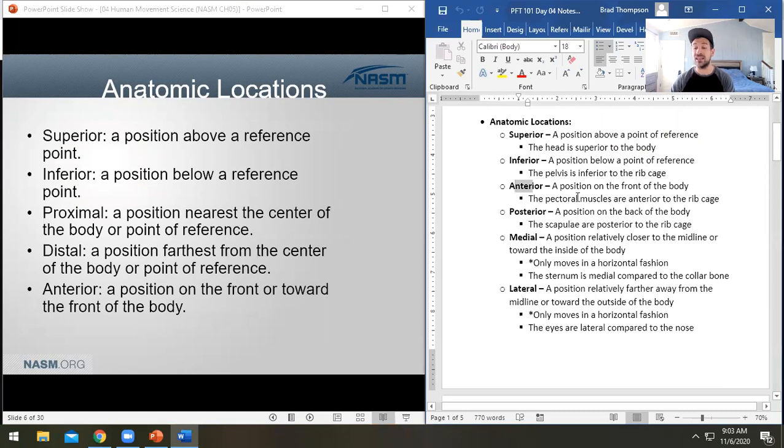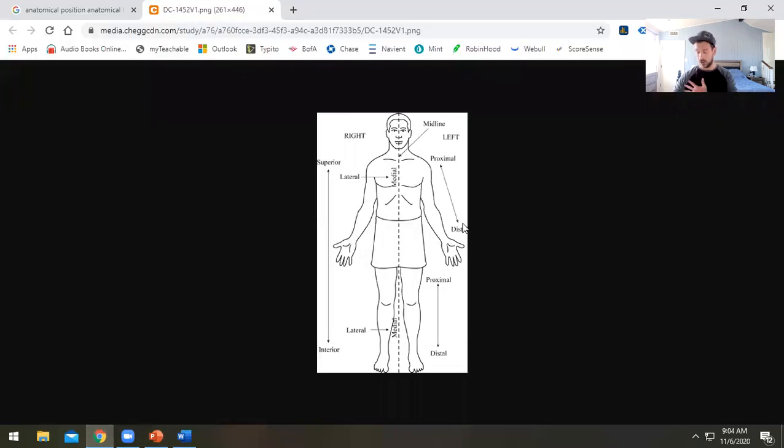Then you've got anterior and posterior. Anterior is on the front of the body and posterior is on the back of the body. Your pec muscles are on the anterior part of your body, but your shoulder blade is on the posterior part. Pectoral muscles are anterior to the rib cage; they lay on top of your ribs.